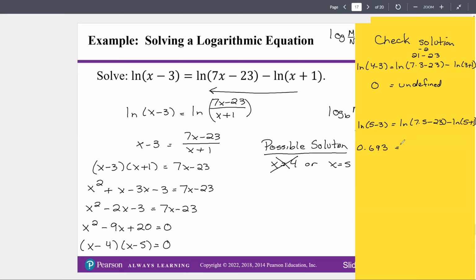And then on the other side, we're getting the same thing, 0.693. So you should see both sides look exactly equal. There's several more decimals, but I can't write them all. In this case, that was because we have 35 minus 23, so this stays positive on this side. So in this case, this is my only solution.